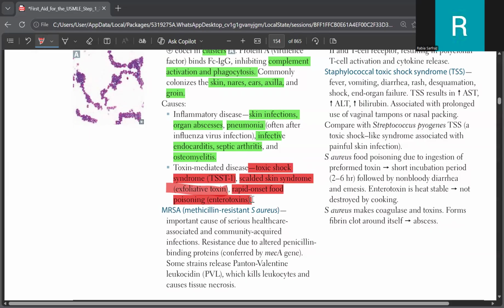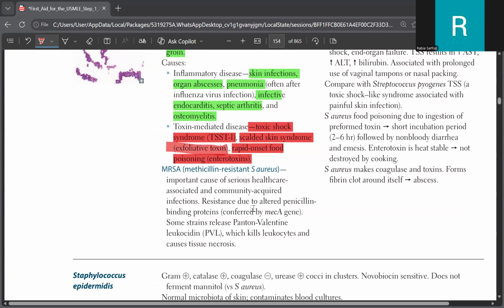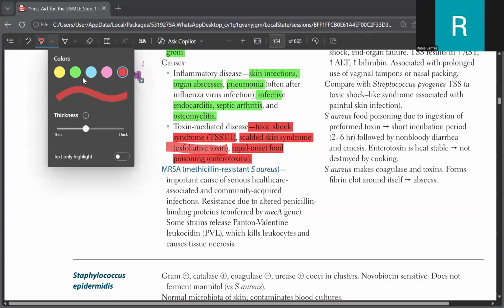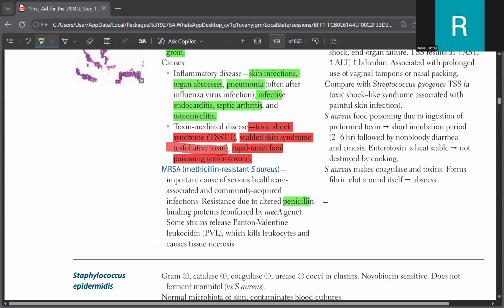Then there's MRSA, which is methicillin-resistant Staph aureus. It is an important cause of serious healthcare-associated and community-acquired infections. The resistance is due to altered penicillin-binding proteins conferred by the mecA gene. So basically this is the variant of Staph aureus that is resistant to treatment by methicillin because of altered penicillin-binding proteins.